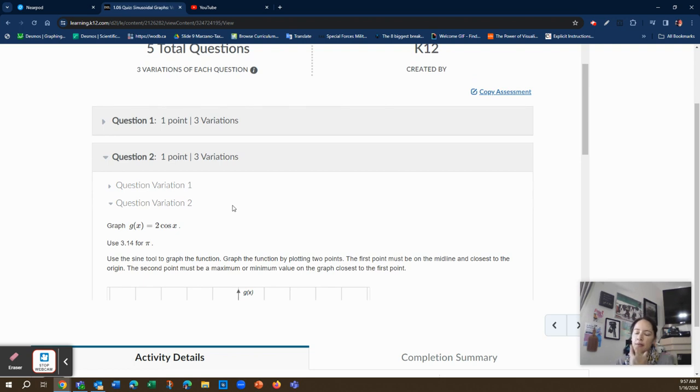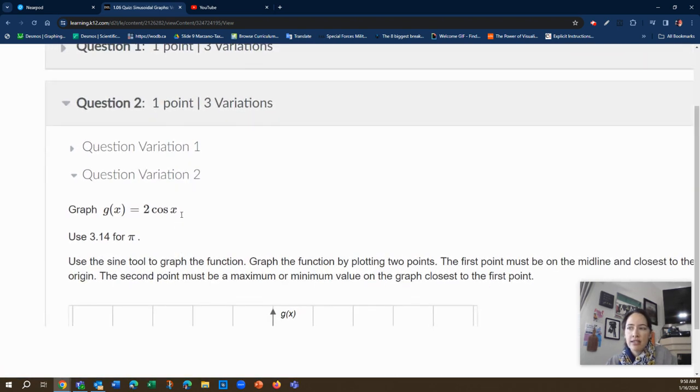Ooh, all right, here we go. We have this graphing tool. When you have this graphing tool, you need to find the midline first. You need to find a point on the midline, so where the graph crosses the midline. Look at this. There is no plus number, 2 cosine x. So you know the midline's at 0. Y equals 0.